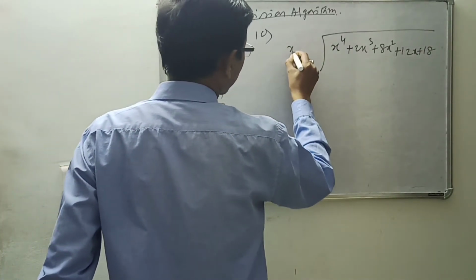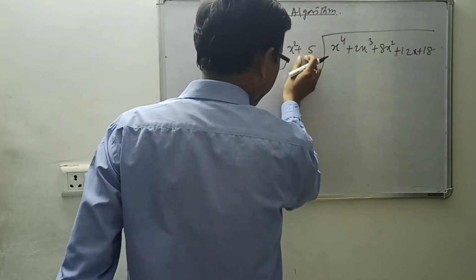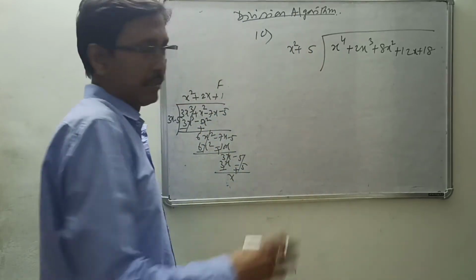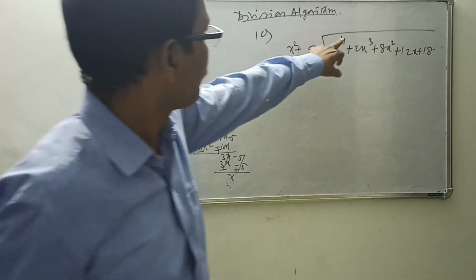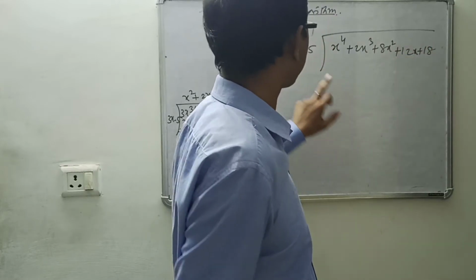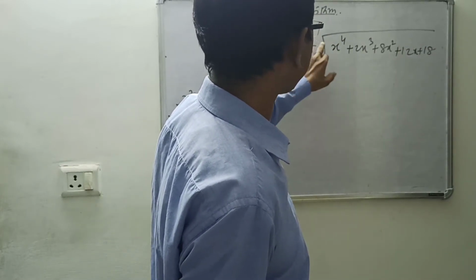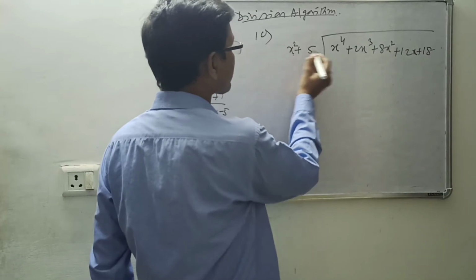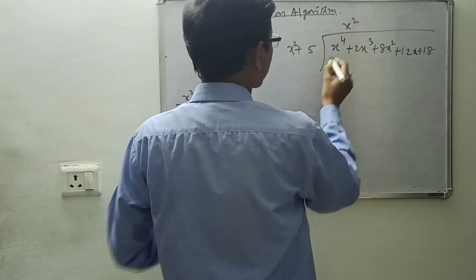Divided by x square plus 5. You have the gap, no x term. So it is in the arranged form, 4, 3, 2, like this. Here also 2 power, then less power. So first match the highest power only, x square.